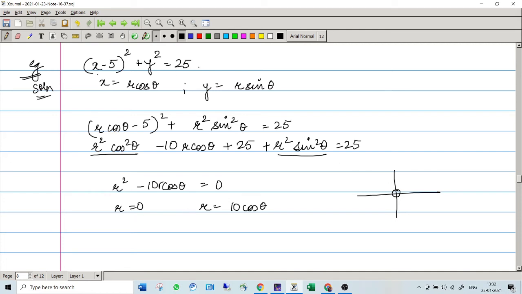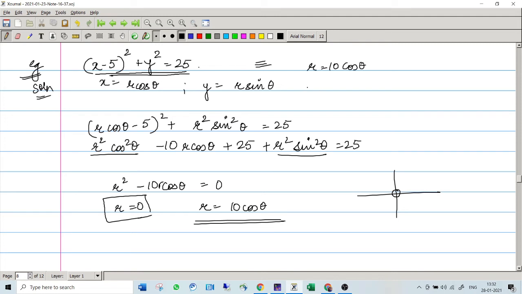But what you need right now is a circle. So you will have to discard this relation. Then the given equation x minus 5 square plus y square equal to 25 is precisely r is equal to 10 cos theta. So your equation's equivalent form is r is equal to 10 cos theta.